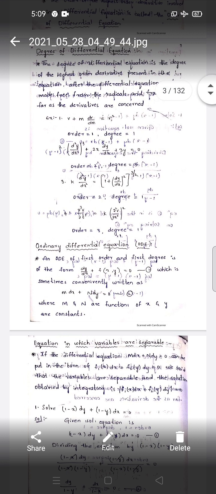But sometimes it is conversely written as M dx plus N dy is equal to 0, this is equation 2, where M and N are functions of x and y or constants. Okay, so this is also an ordinary differential equation.